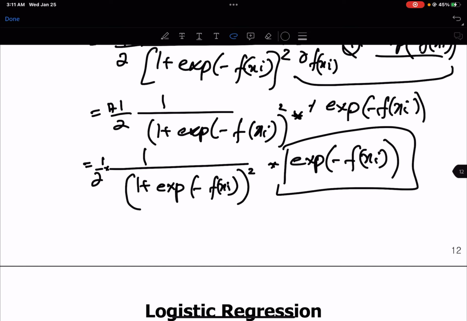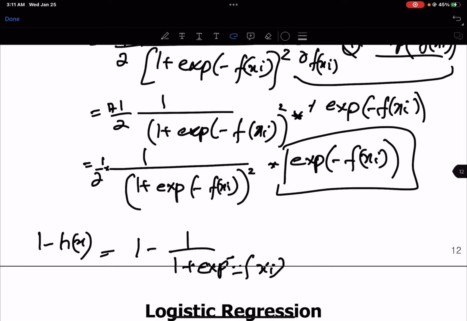Let's keep this on hold, and let's see if we take 1 minus h of xi. So 1 minus h of xi, where h of xi was 1 over 1 plus exponent minus f of xi.